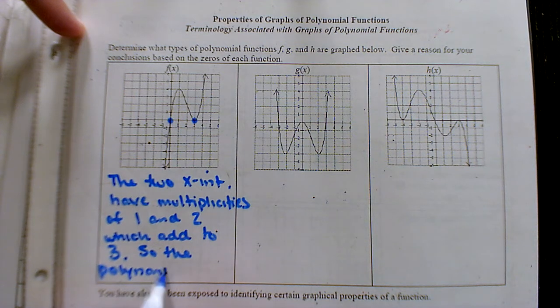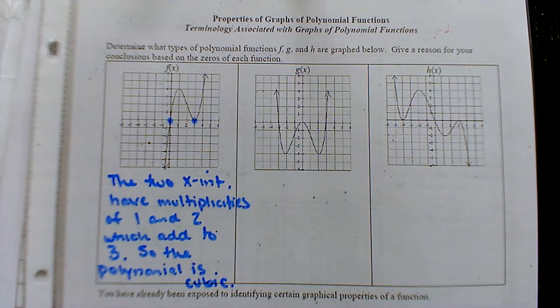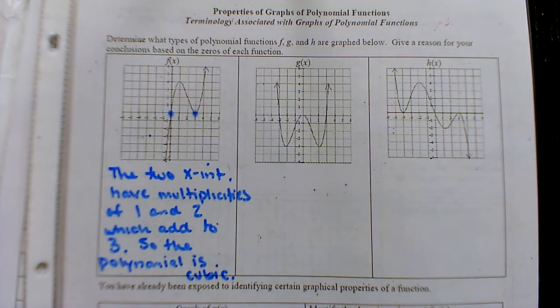So the polynomial is cubic. Something like that. Whatever your description or justification is, I'm sure it would be fine. All right, so maybe using some similar logic, let's go ahead and check out G.